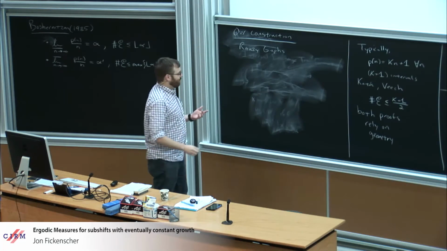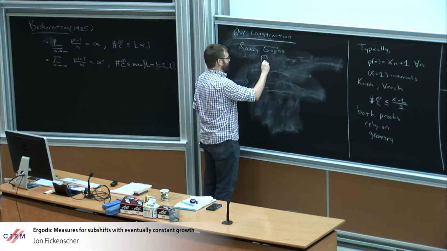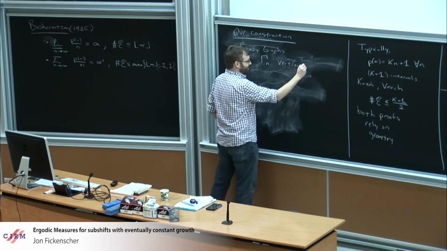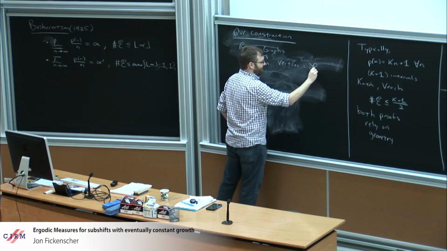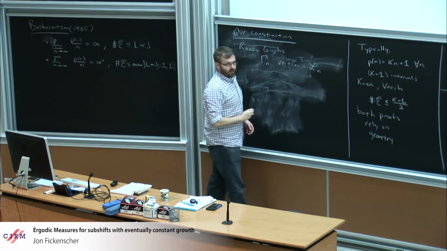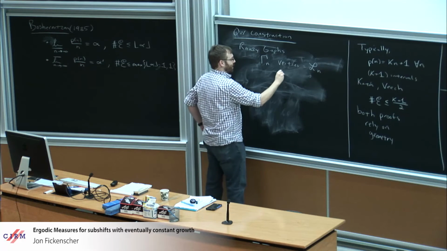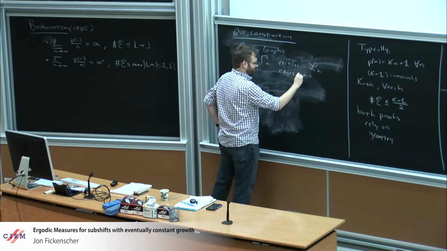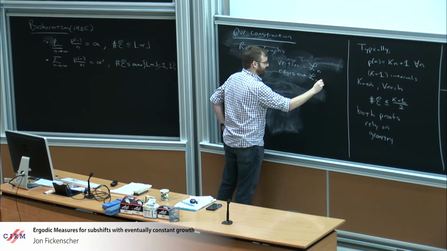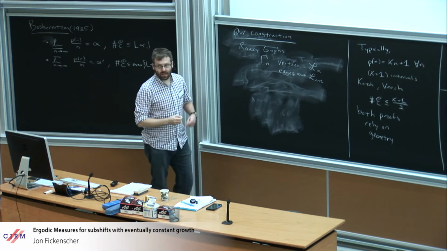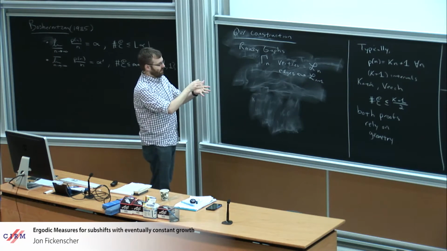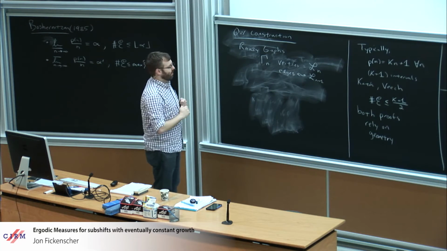So I'm not claiming that this is our construction, obviously, but just as a reminder, a Rauzy graph is a directed multigraph, and for each n, the vertices are equal to the elements of the language of length n. And then the directed edges correspond directly to words of the language of one size bigger. You have an edge if and only if a word of length n plus 1 begins with the first word and ends with the second, and that would make an arrow.